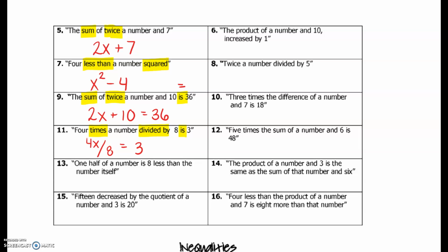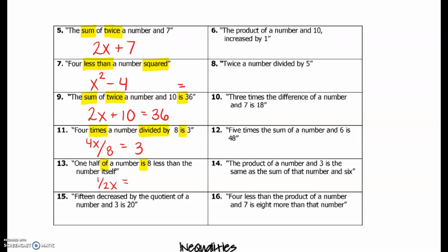For number 13, 1/2 of a number. Well, that key phrase of tells us that we are going to have to multiply. So that's the first half of our equation here, half of a number. Then we see the phrase is. This indicates to us our equal sign should come next.